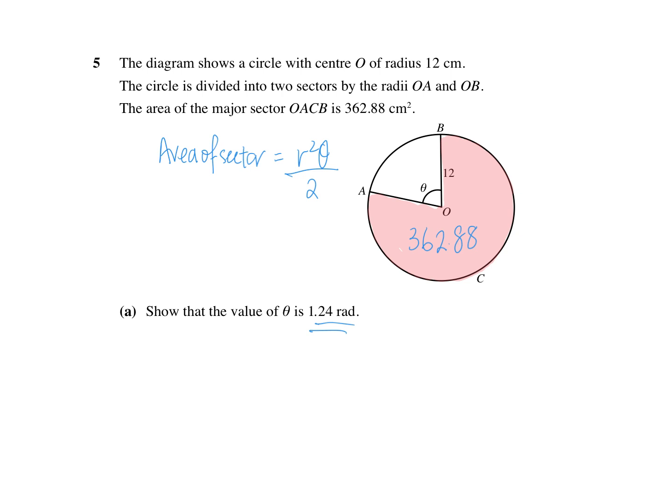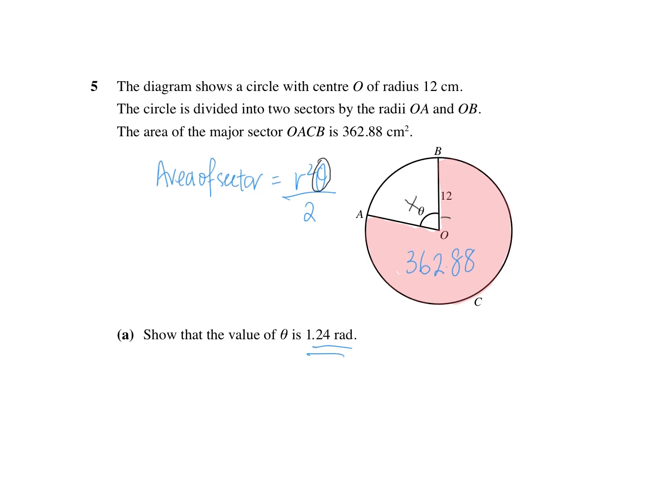I don't know lah. Okay, anyway, area of sector, major or minor, it depends on the angle. So this angle, you don't choose this one. This is the minor one. You need to choose this one. So the angle you put in is not that angle there, but rather 2 pi minus theta.